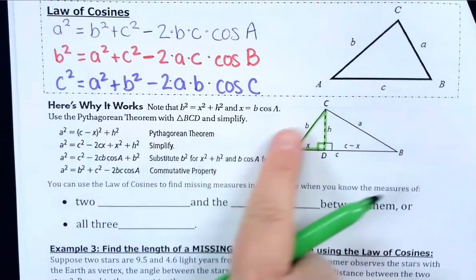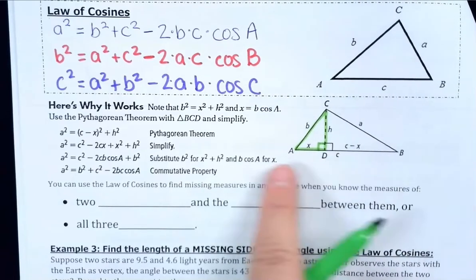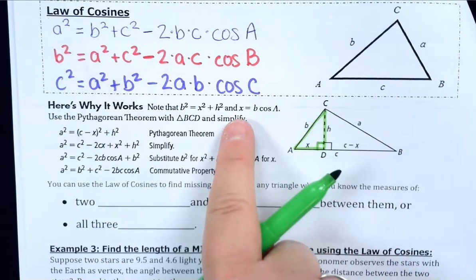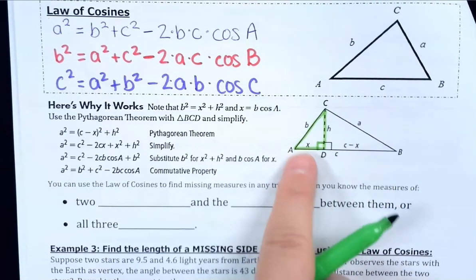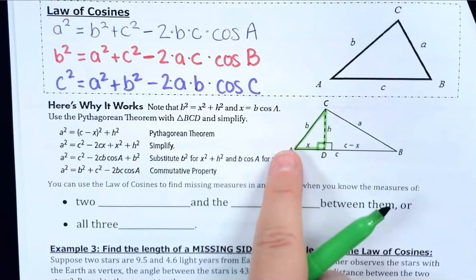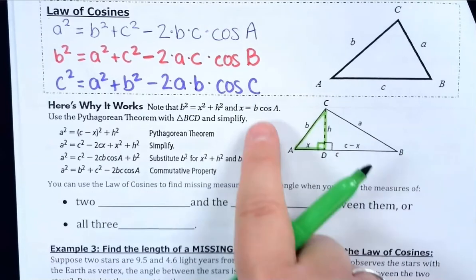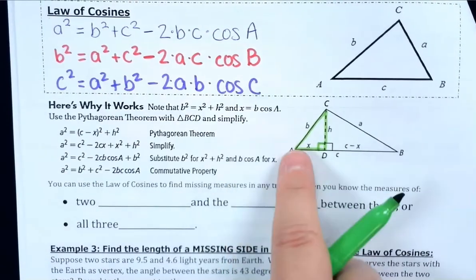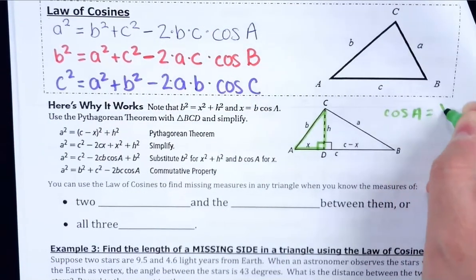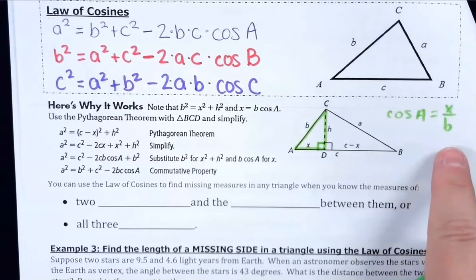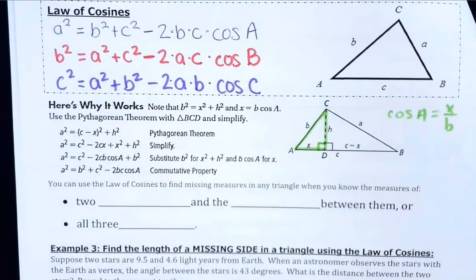So b squared, the hypotenuse of that little green triangle, is x squared plus h squared, and then also the side x would be, if I had the angle here, the cosine would be adjacent, which would be x, over hypotenuse, which would be b. So they said cosine A times b. What they would do there is you would have cosine A equals x over b. They're taking this little equation here and just putting the b on this side by multiplying. That's where they're developing that.